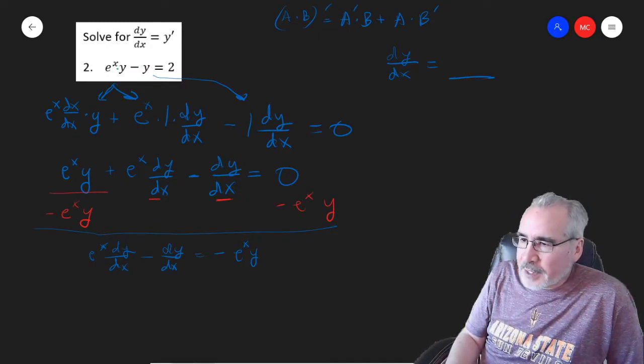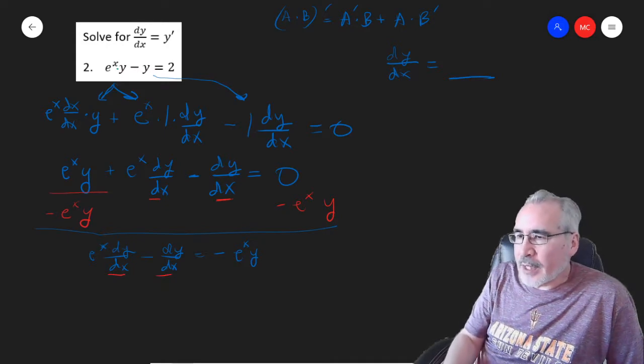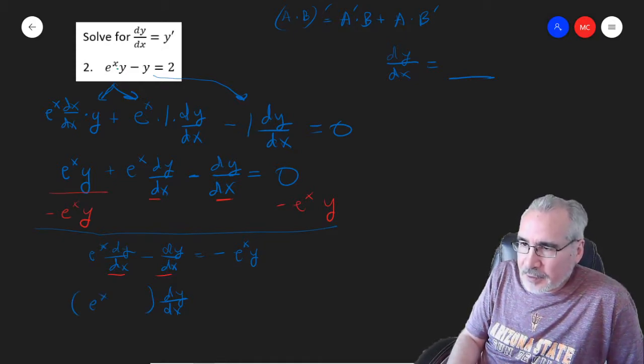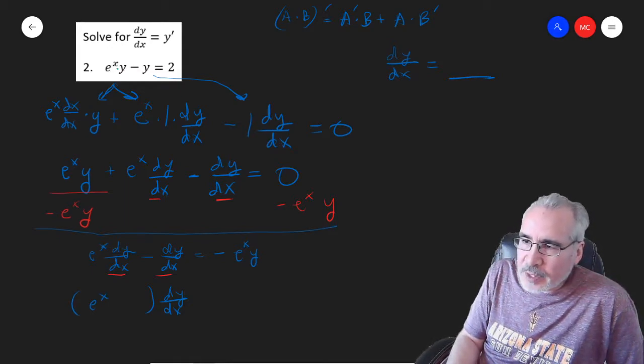And just like last time, we are going to factor out the dy dx. So when we factor it out, let's put it on the back side. Factoring it out, what's left? Well, when this goes out, e to the x is left. When this one comes out, an invisible 1 is left.